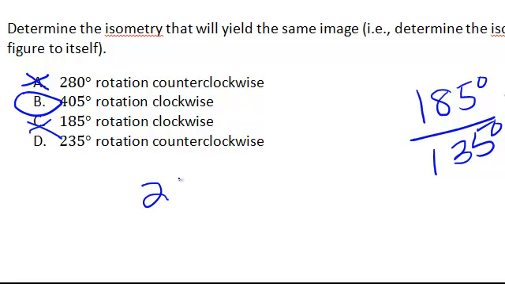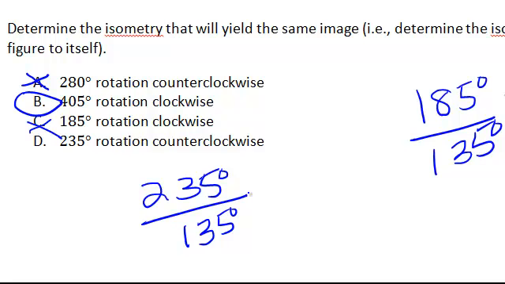And then 235 degrees, again, we divide by 135 degrees. And what do we get? That would be 1.74 and so on. So this is not going to map onto itself either. So that would be our answer.